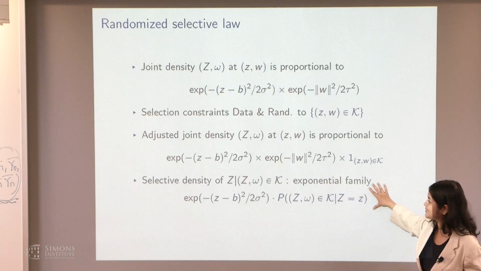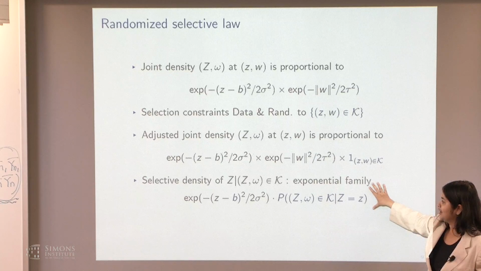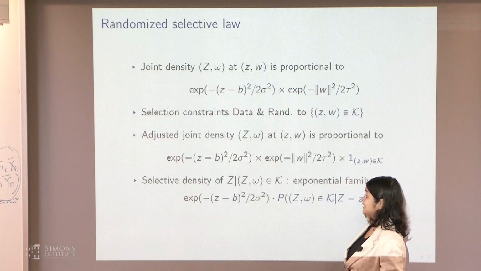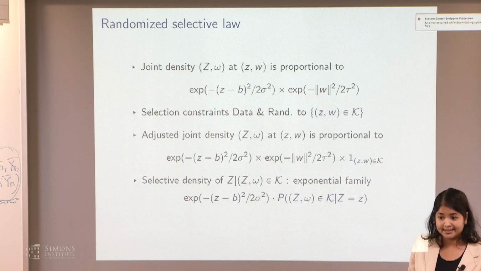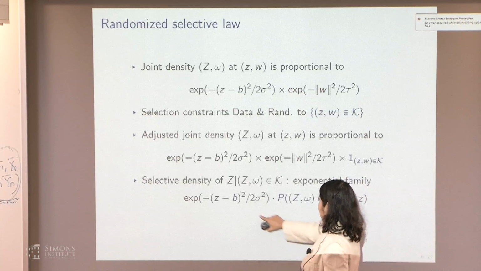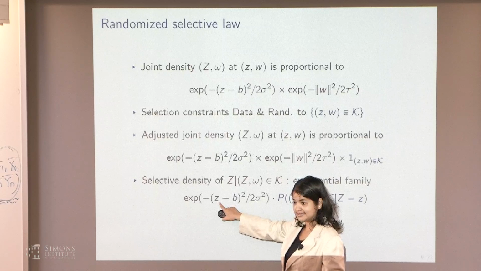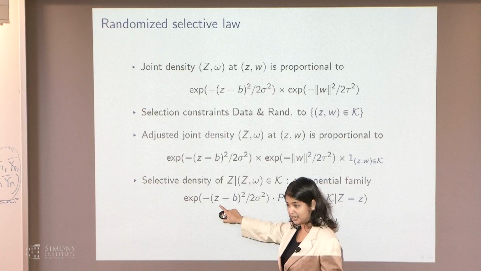If I look at this selection adjusted marginal law of the data, I see that this is an exponential family of laws. How does it compare to the pre-selective Gaussian family of laws? Again, it has the same sufficient statistic as the Gaussian law. It has the same natural parameter as the pre-selective Gaussian law.